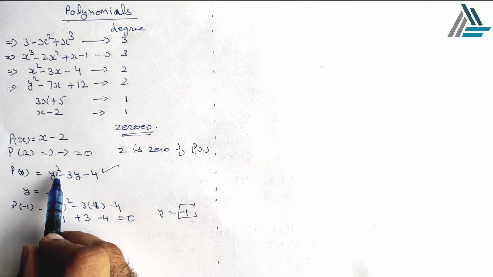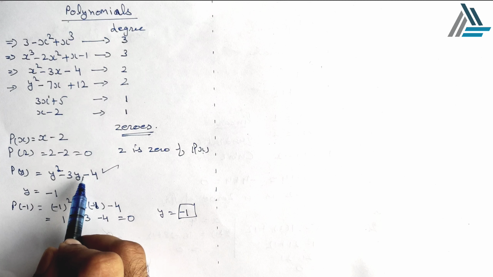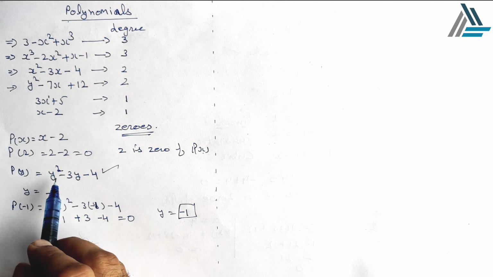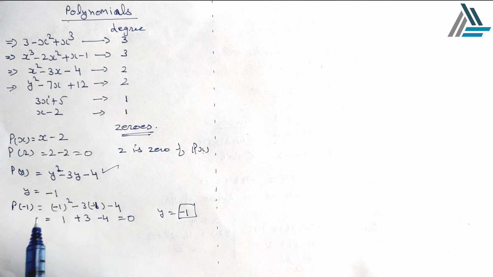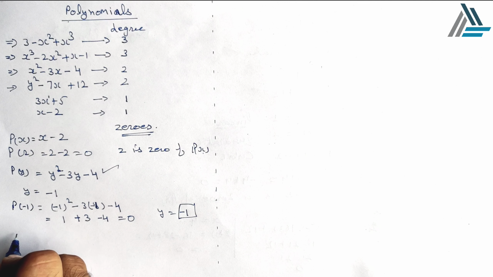Here the polynomial has degree 2 because the highest power of y is 2. Then the zeros of this polynomial are also 2. Hence there is one more number which makes this polynomial 0. Let's try minus 4.